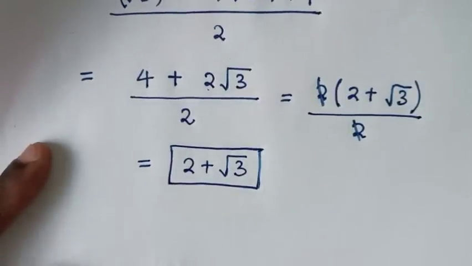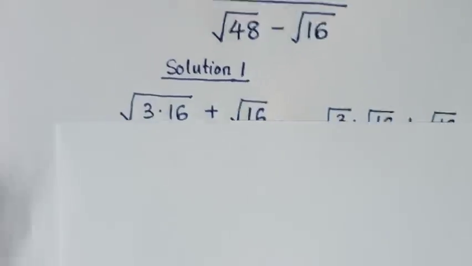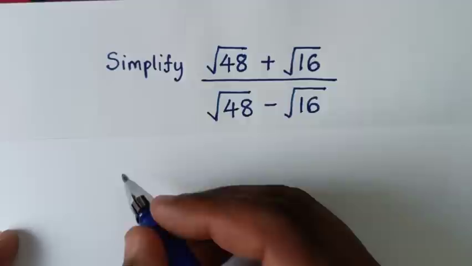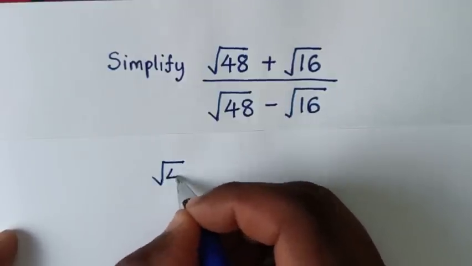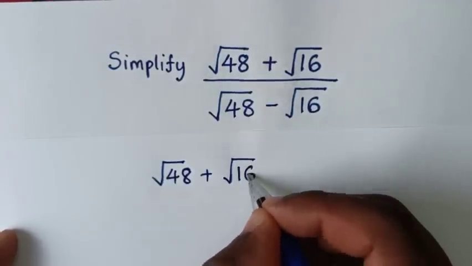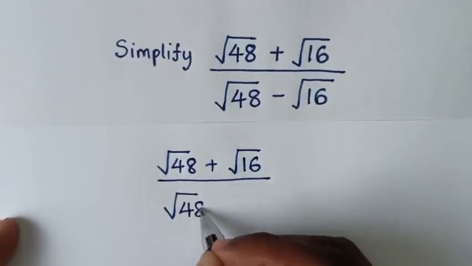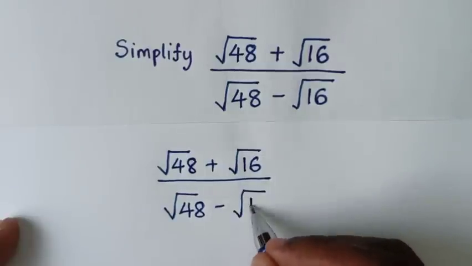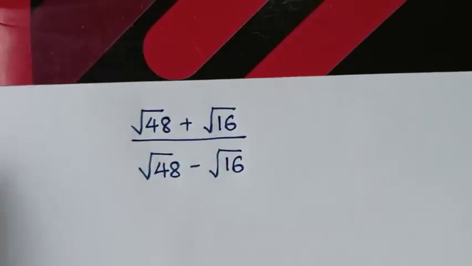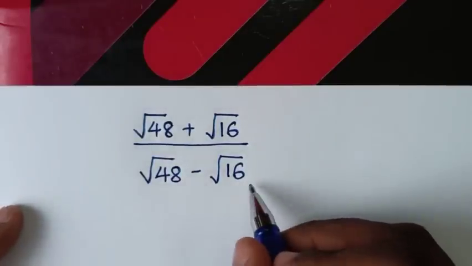Or to solve in another method, from our problem, which is this, we'll write this problem here: square root of 48 plus square root of 16 over square root of 48 minus square root of 16. Now in the first step, to solve this problem by this second method, we'll rationalize the denominator.